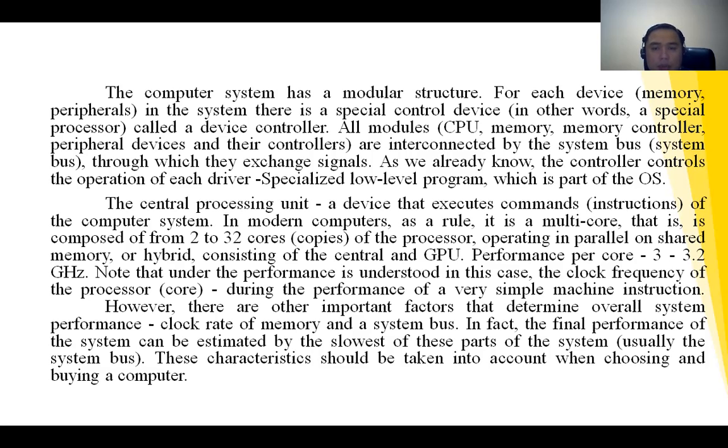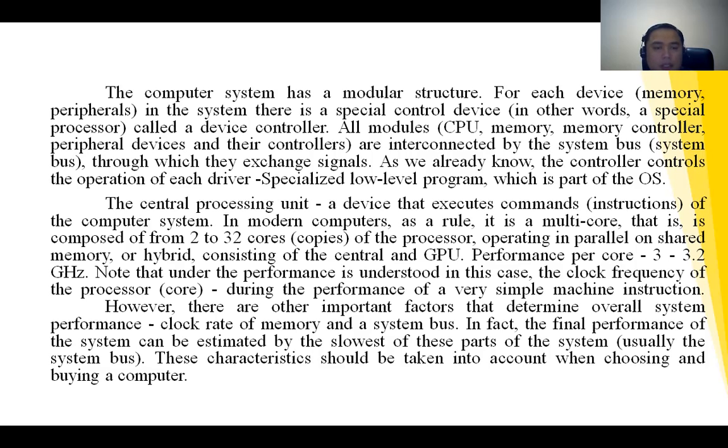In modern computers, as a rule, it is multi-core, composed of 2 to 30 cores, copies of the processor operating in parallel on a shared memory, or hybrid, consisting of the central processor and GPU.